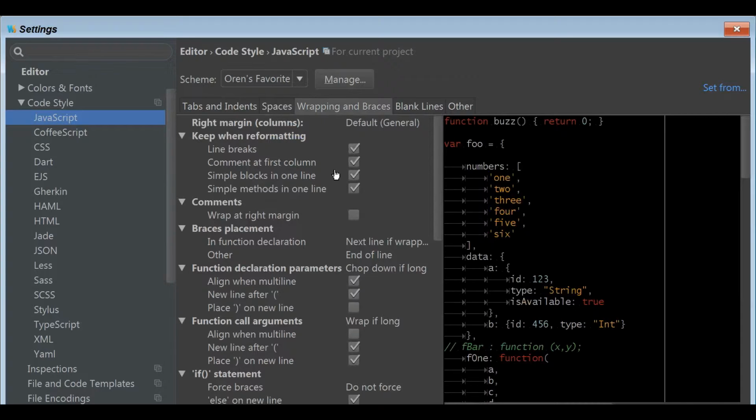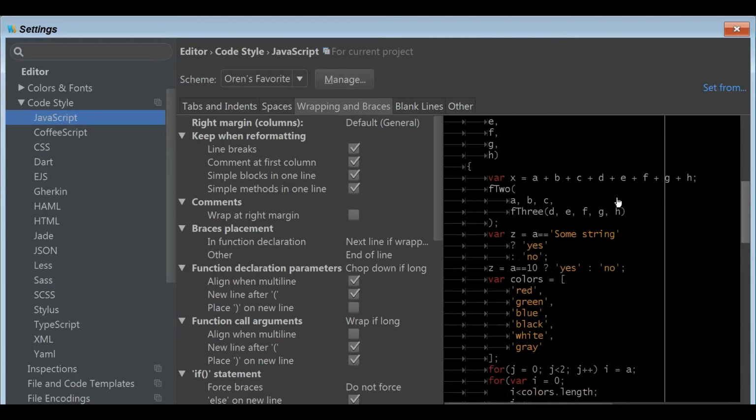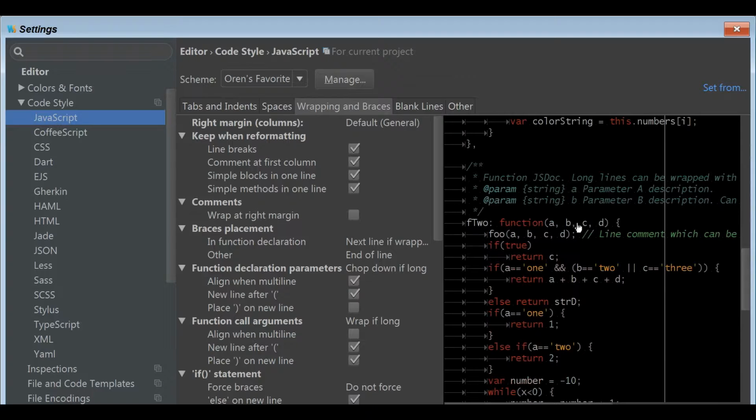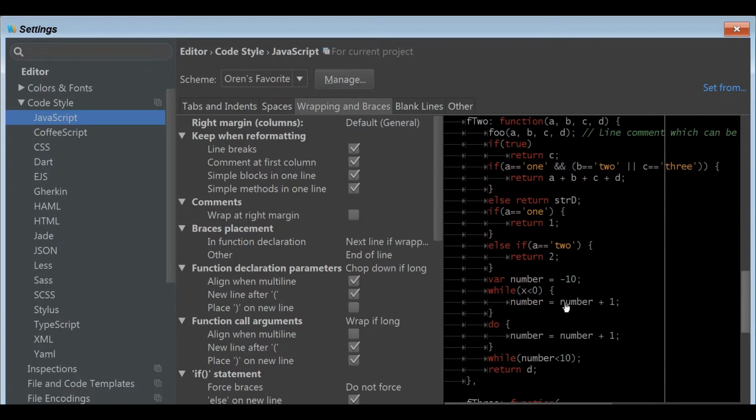Wrapping and braces. So I've spent a lot of time tooling over this, and I did that way ahead of time, so we didn't have to sit here and watch me do it. But the key is again, readability. Readability under different conditions as well. Sometimes you're going to have a function that is, as you'll see here, just a few letters, and it's very easy to see what's going on, and there's not that many parameters, and they're even short lettered parameters, and they're very easy to manage and very easy to read.